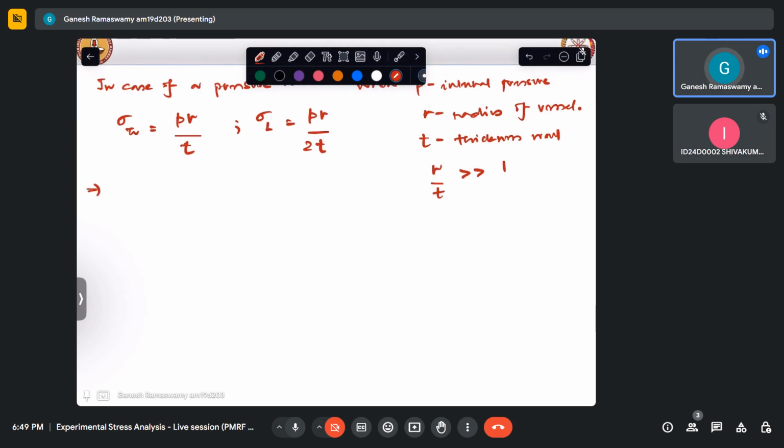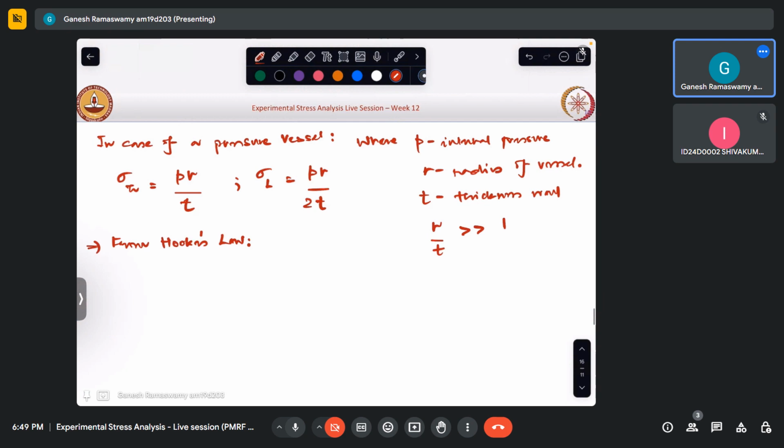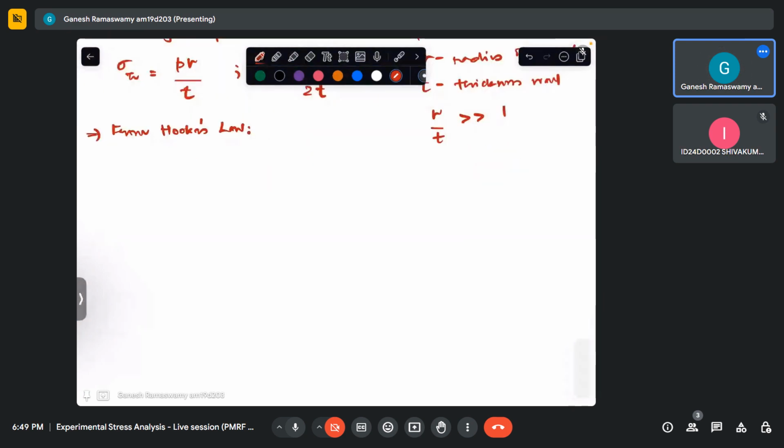From this we follow Hooke's law. In the question we have been asked what is the ratio of the longitudinal strain to the hoop strain in the pressure vessel. So let us calculate that.